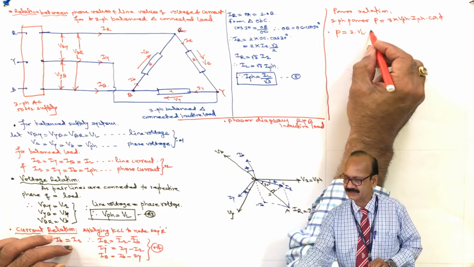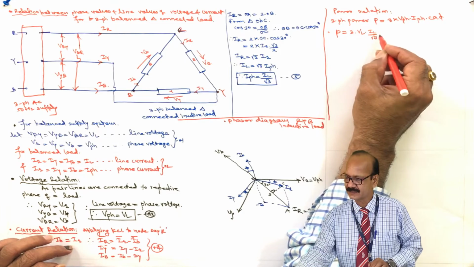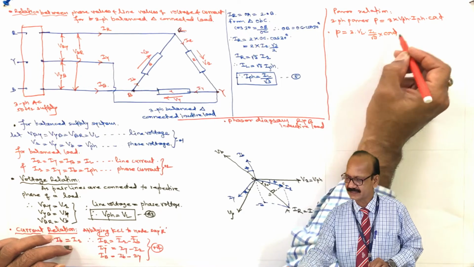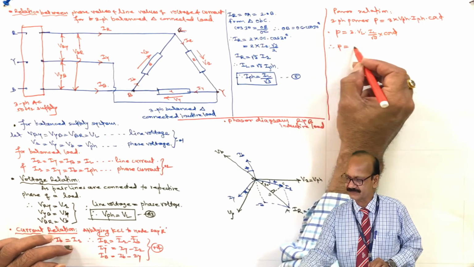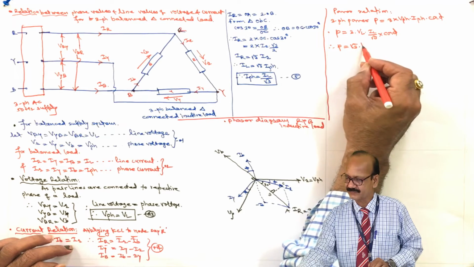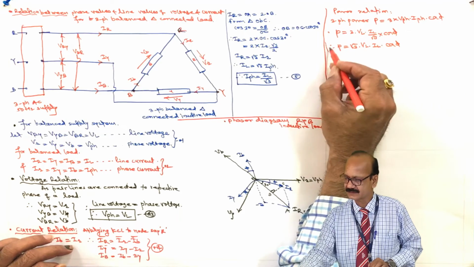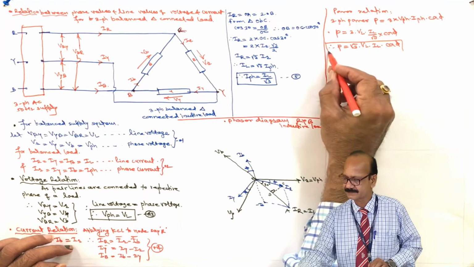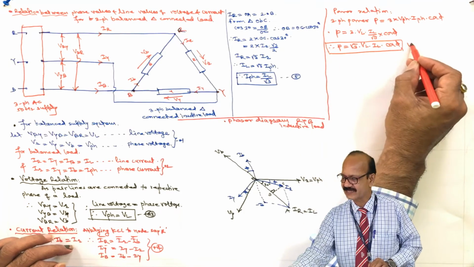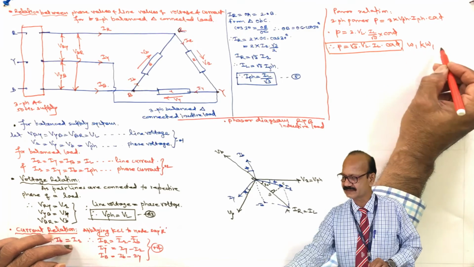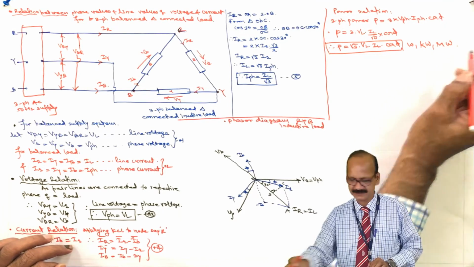IPH is IL upon root 3, into cos phi. Therefore, P equal to root 3 VL IL cos phi. Unit is watt, bigger is kilowatt, still bigger unit is megawatt.